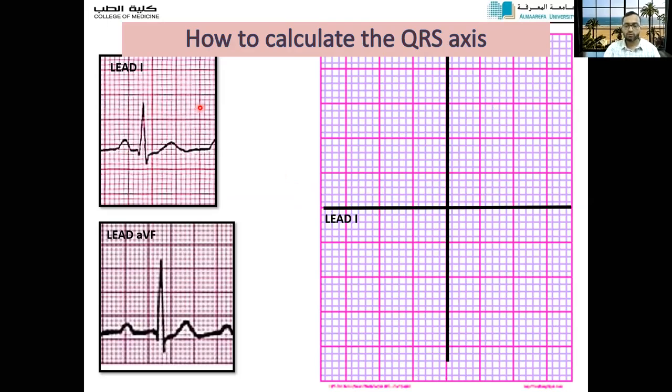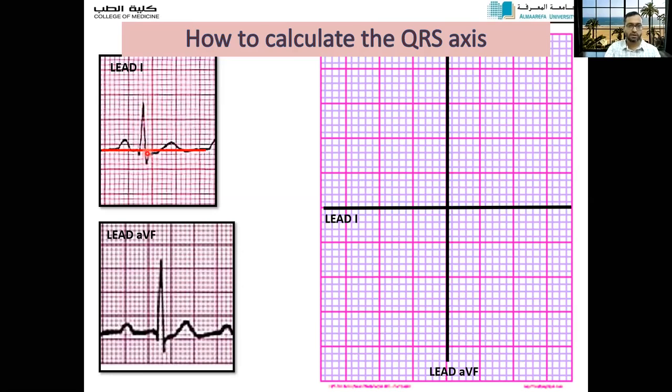Now let's count from this lead. First mark the isoelectric line here. You don't have to look at the P wave or the T wave, just look at the QRS complex. And we have to count the positive component. Positive component means anything that moves above this line is positive, anything that moves below this line is negative.